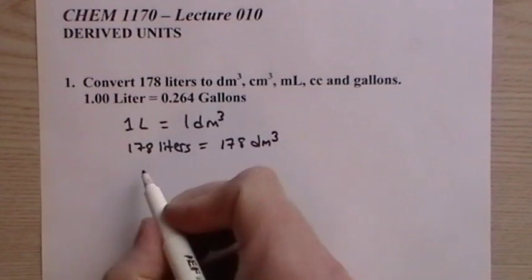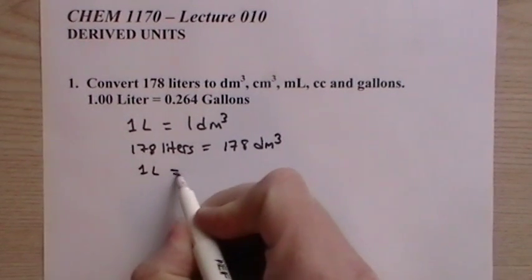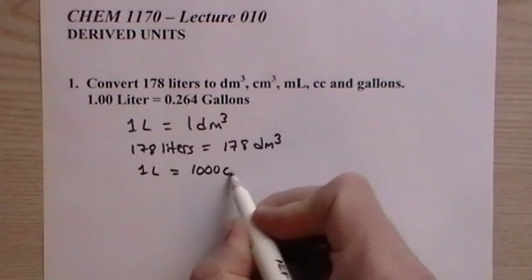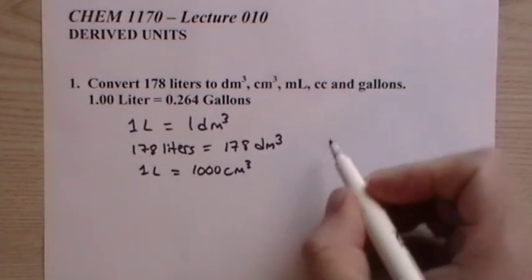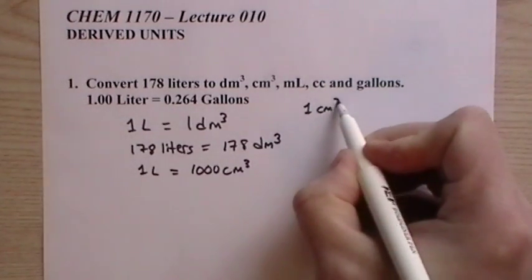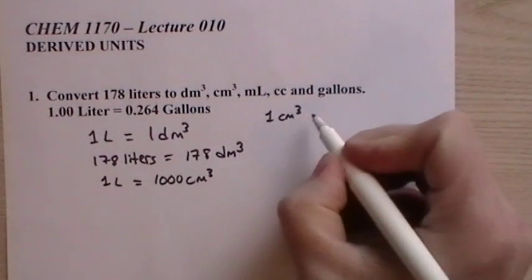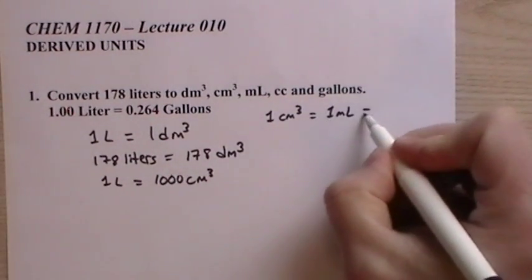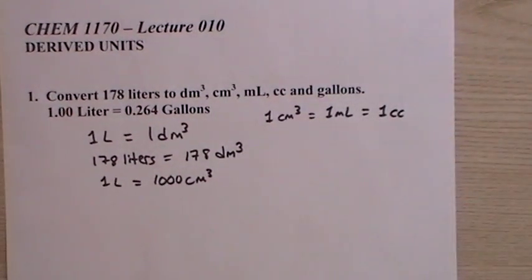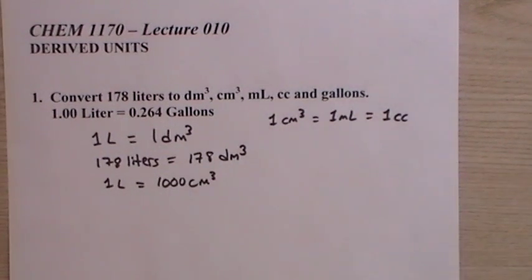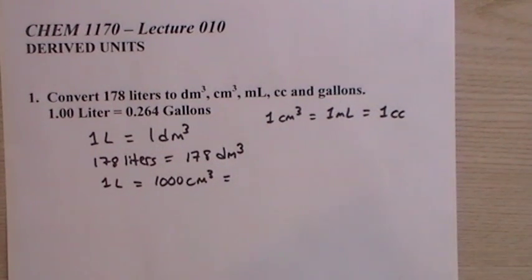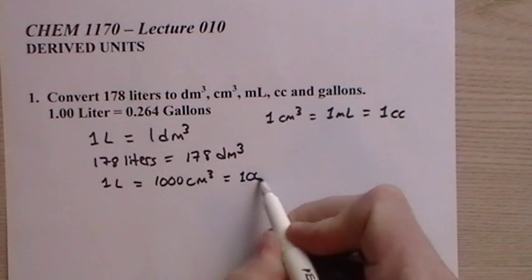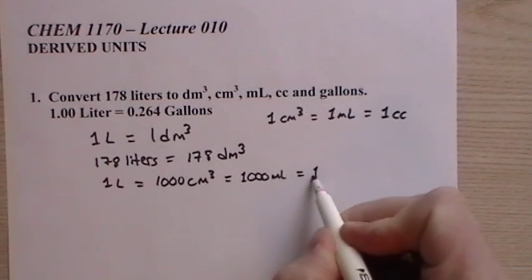And 1 liter is equal to 1,000 centimeters cubed. But 1 centimeter cubed is equal to 1 mil, which is equal to 1 cc. A cc means cubic centimeter. So 1 liter is 1,000 centimeters cubed. It's also 1,000 mils, and it's also 1,000 cc's.